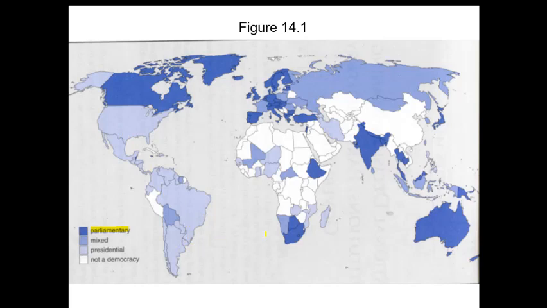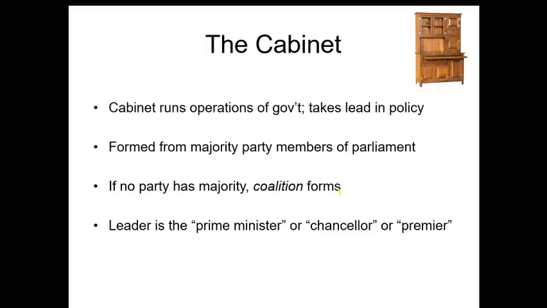And there are some systems that have a parliament and a president that are sharing power, such as Russia and France, a couple of other countries out there worth noting that we'll talk about perhaps later. And of course, there's lots of countries out there that are not a democracy, as we've already talked about before.